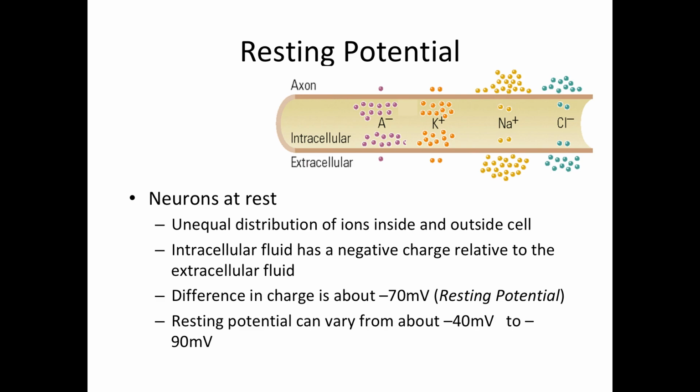So this is what we call a resting membrane potential. It can vary from about -40 to -90, but we'll just keep it at -70 for the duration of this course. But do remember that it does change.